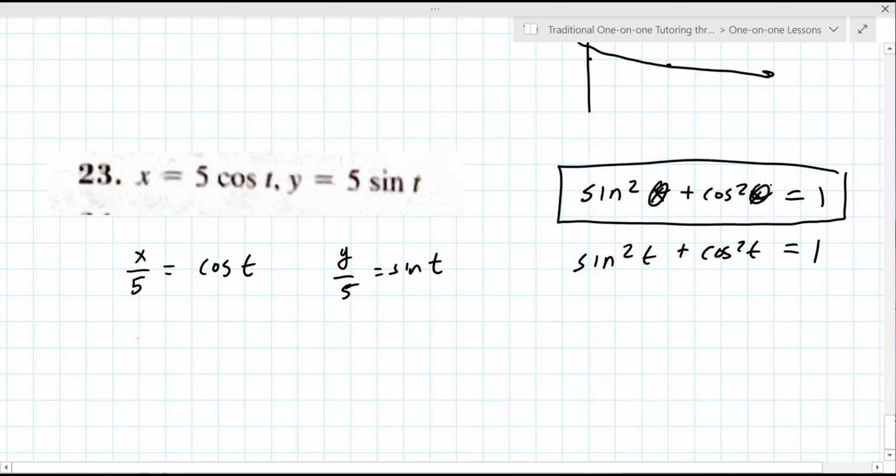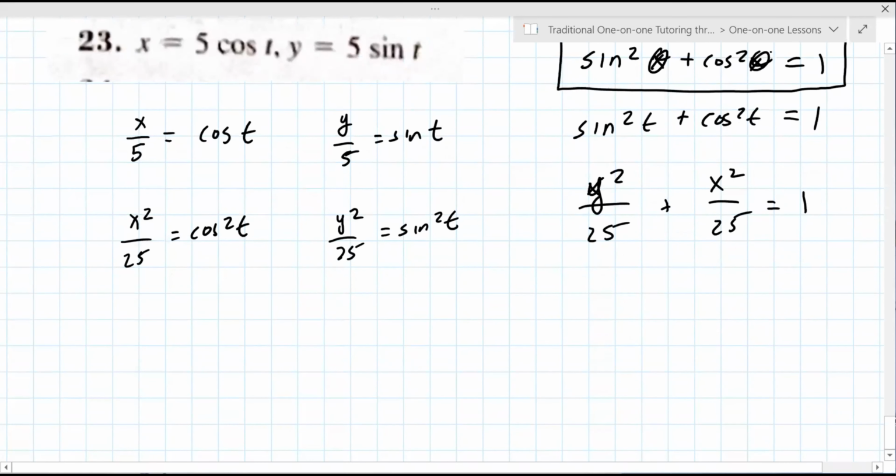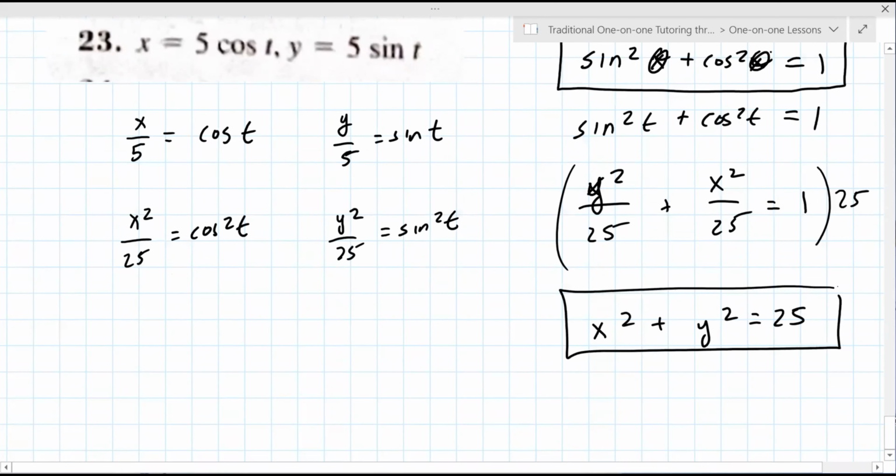And if you square both sides, you get x squared over 25 equals cosine squared t, y squared over 25 equals sine squared t. And instead of sine squared t and cosine squared t, if you put the left sides in, you get y squared over 25 plus x squared over 25 equals 1. And then if you clear the fractions and rearrange a little bit, you get x squared plus y squared equals 25, which is a circle of radius 5.